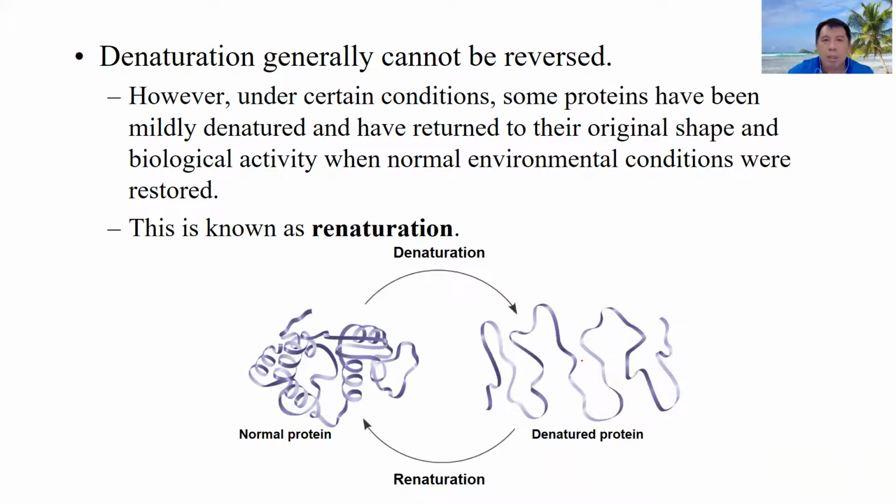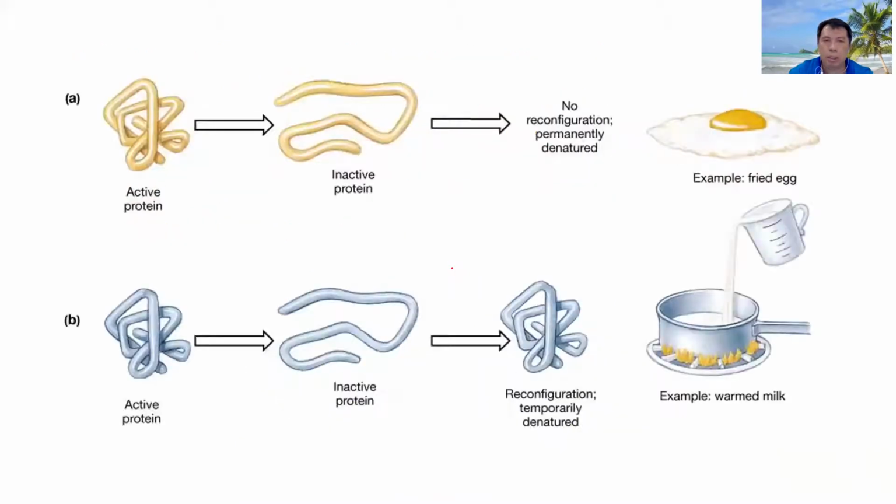However, under certain conditions, some proteins that have been mildly denatured can return to their original shape. They can be renatured when the normal environmental conditions are restored. This is known as renaturation. For example, we heat milk, and this is the protein found in milk.